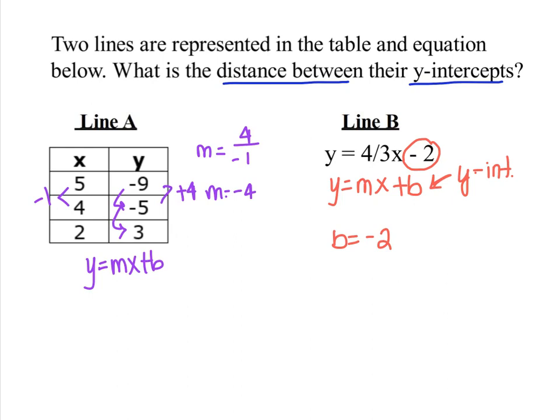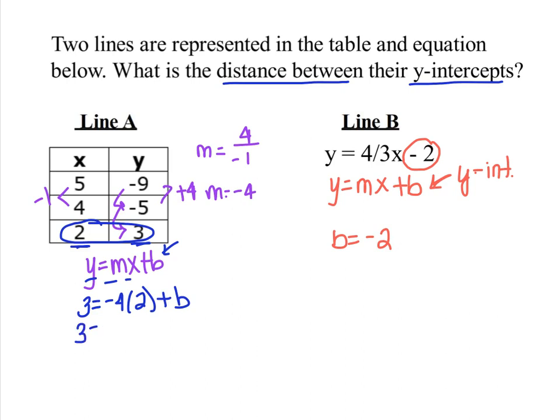So now in order to get b by itself, I need to have numbers plugged in for y, m, and x. I can choose any point in the table for my y and my x. I'm going to choose this one just because they're both positives. It's easier to work with. So my y value is 3, so I plug it in for y. My slope I just found was -4 times, again, when two variables are touching, that means multiplication. My x value is 2, and then plus b because I don't have my y-intercept.